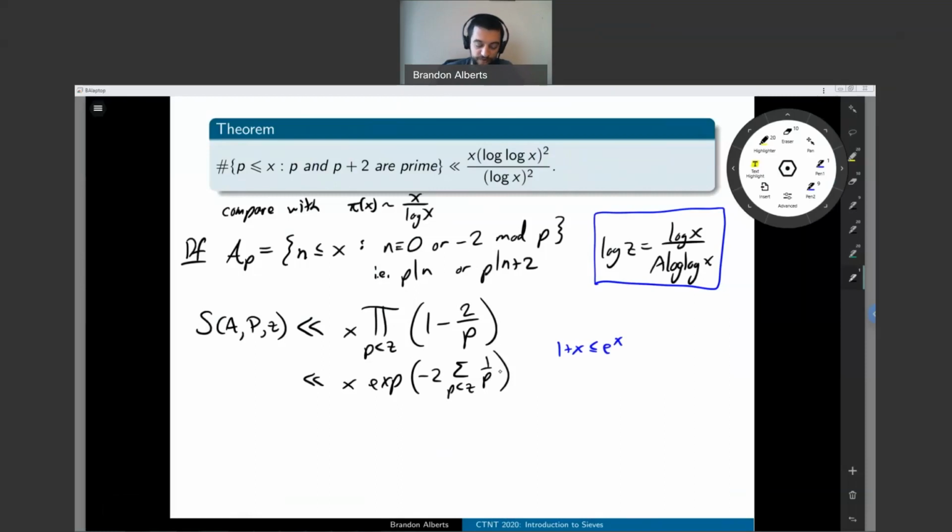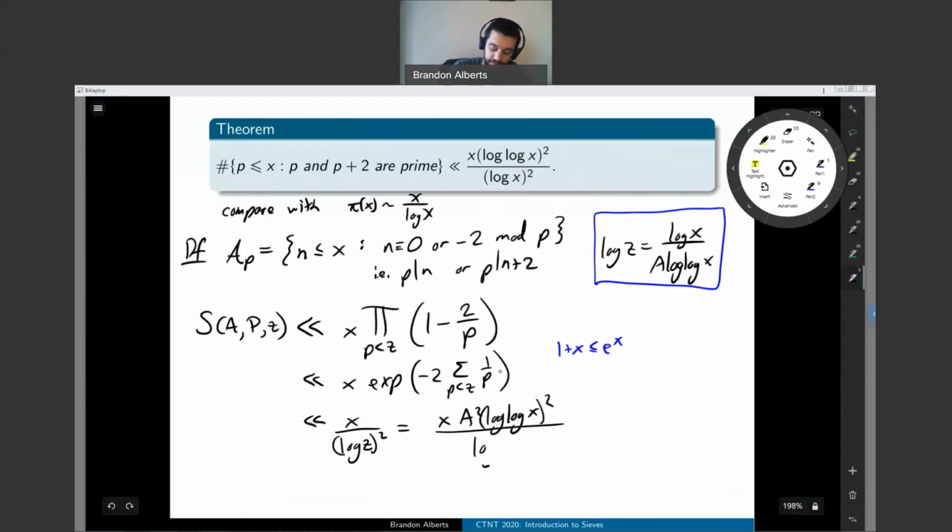The negative 2 can be moved inside one of the logs. We get this is bounded above by x divided by log z squared. And now all we need to do is plug in our nice choice for z.